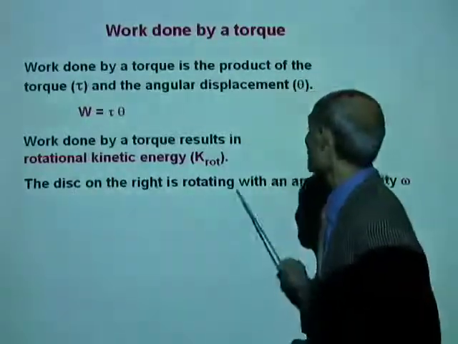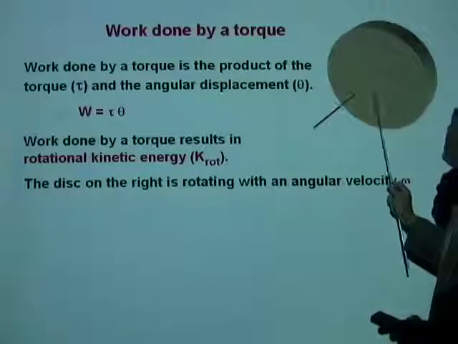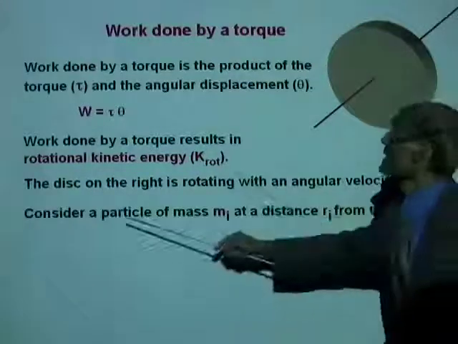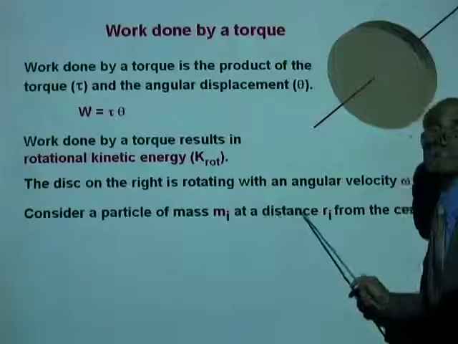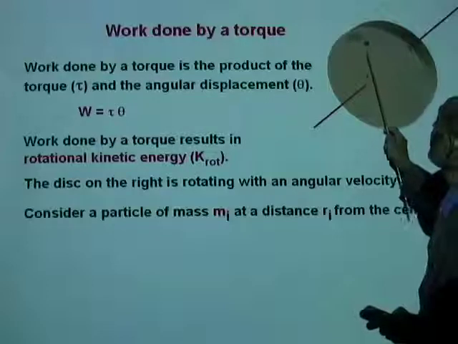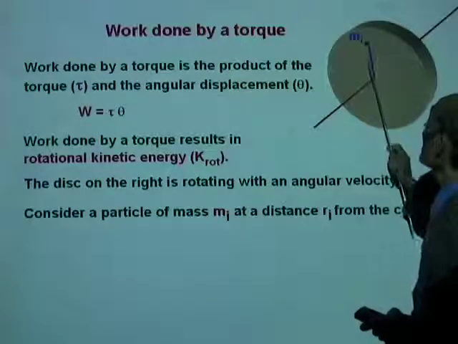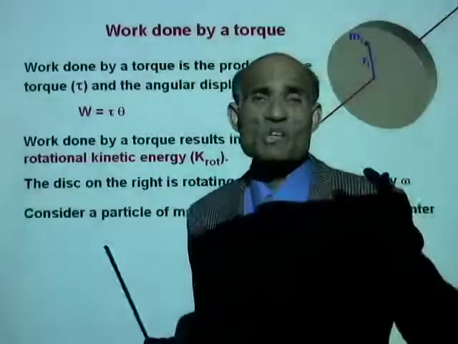The disk on the right is rotating with an angular velocity omega. Consider a particle of mass mi at a distance ri from the center. I'm sure you understand this concept.